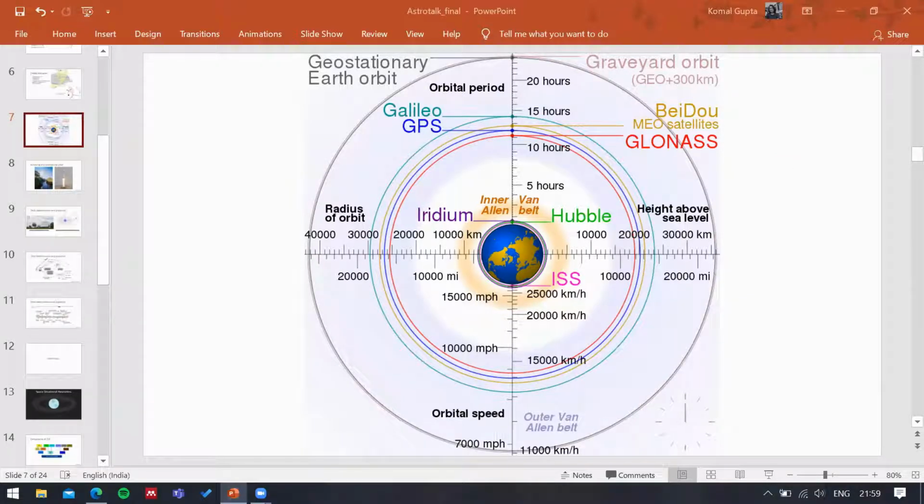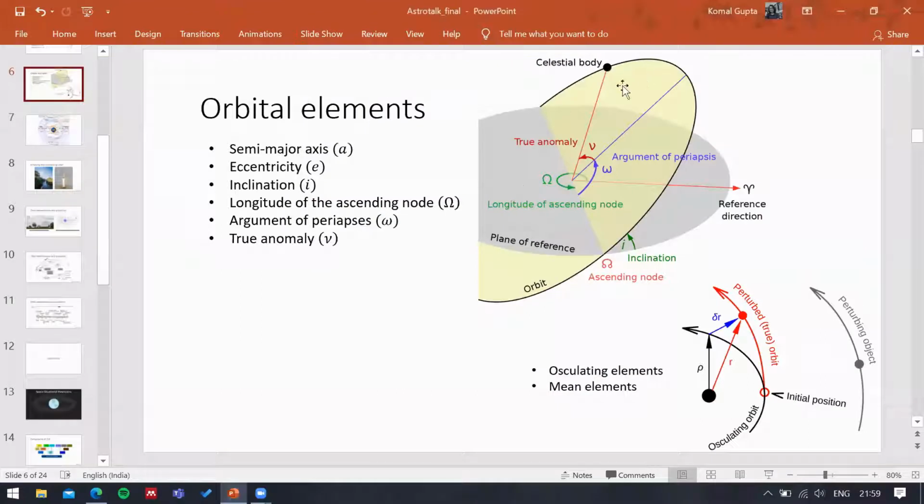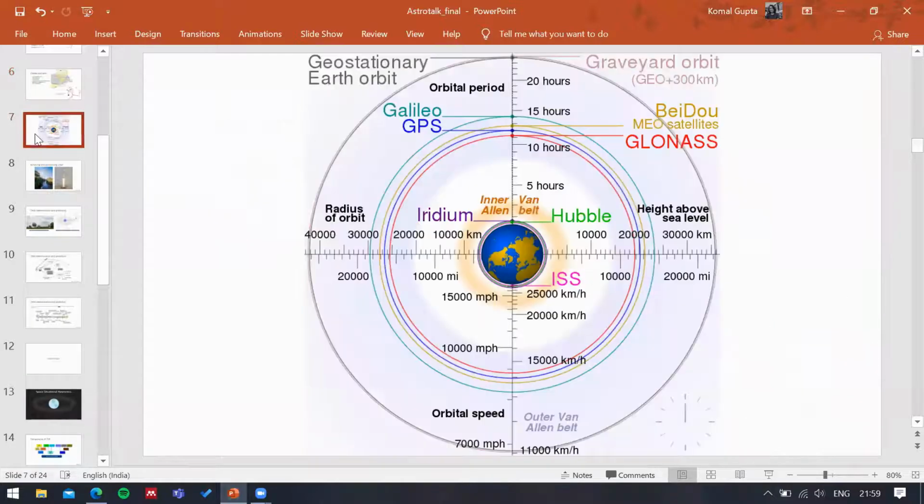So increasing its kinetic energy does not translate only to changing the height. There are these orbital elements, all six of them, that will change depending on how much energy you have.